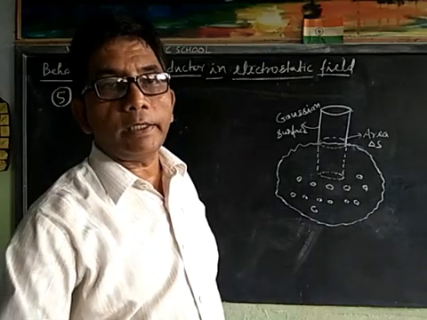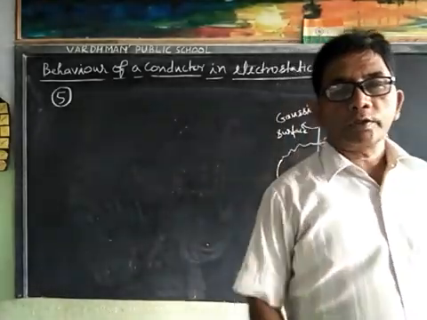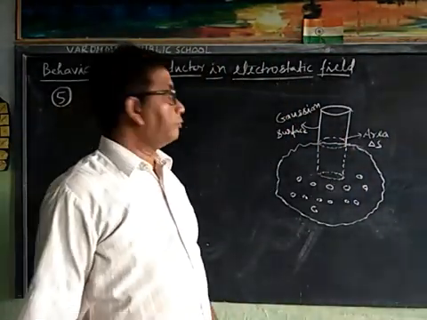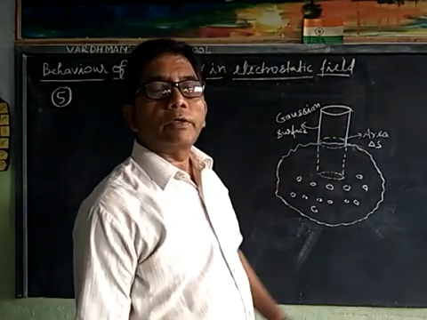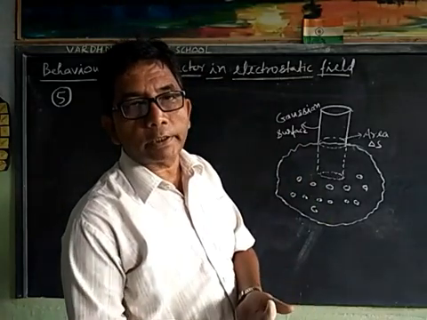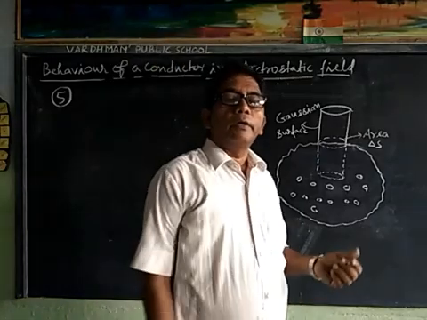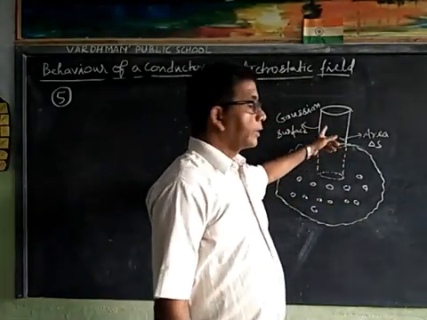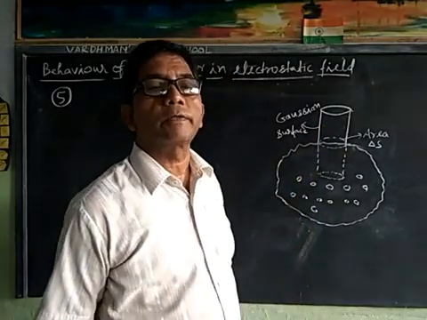To determine electric field at any point, we choose a short cylinder, that is a pillbox, as Gaussian surface.